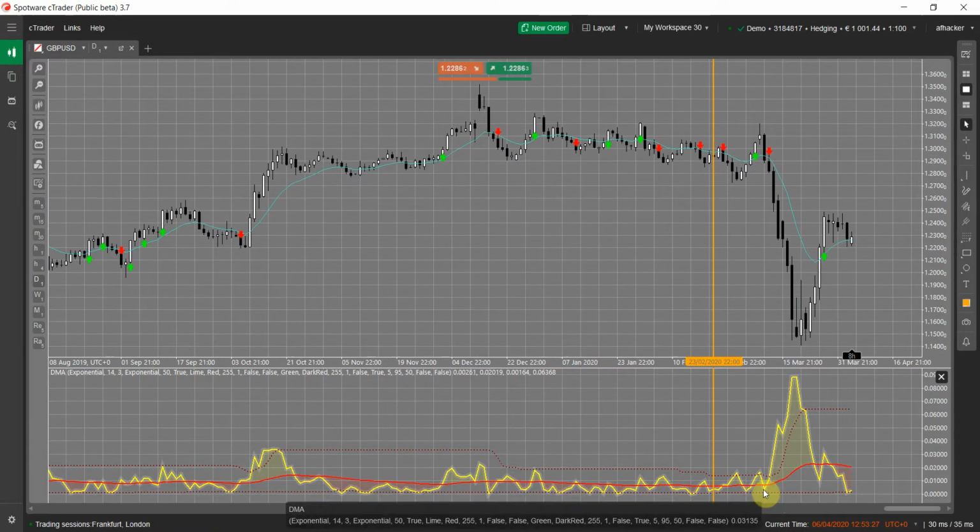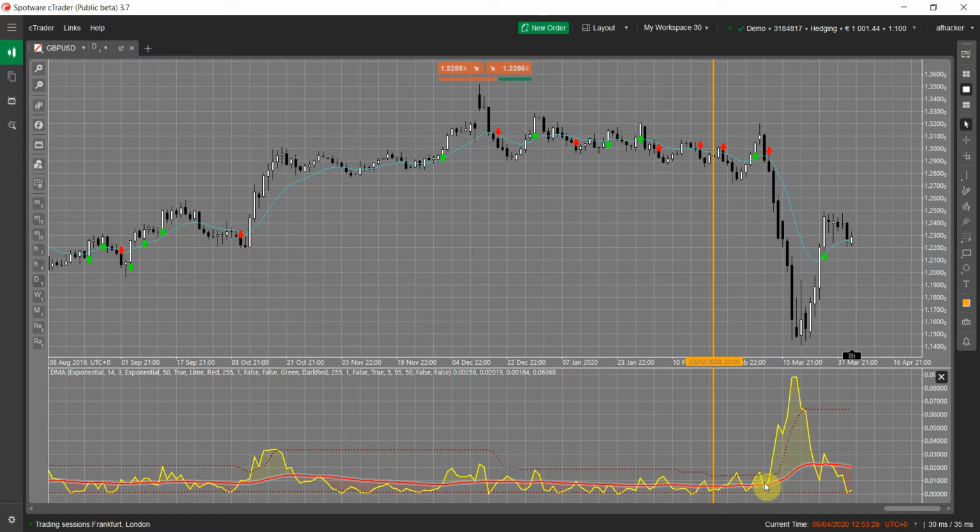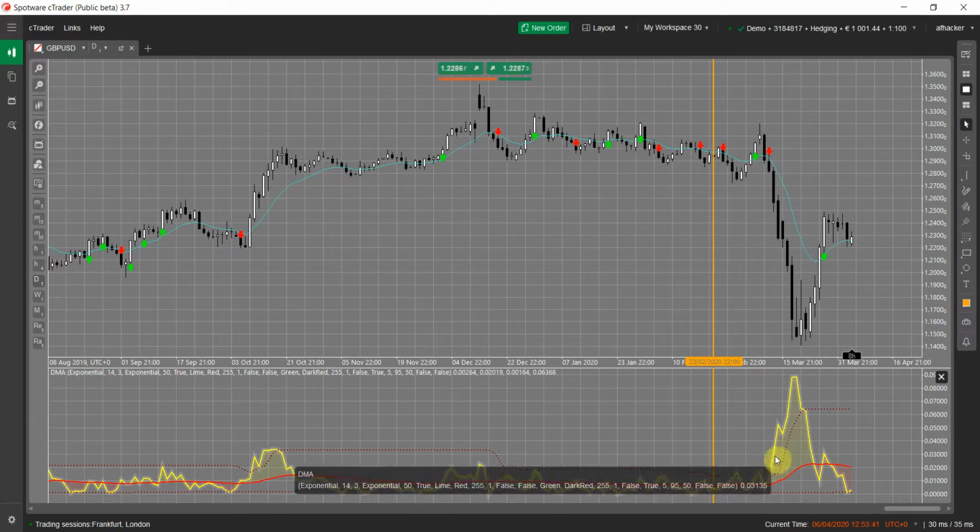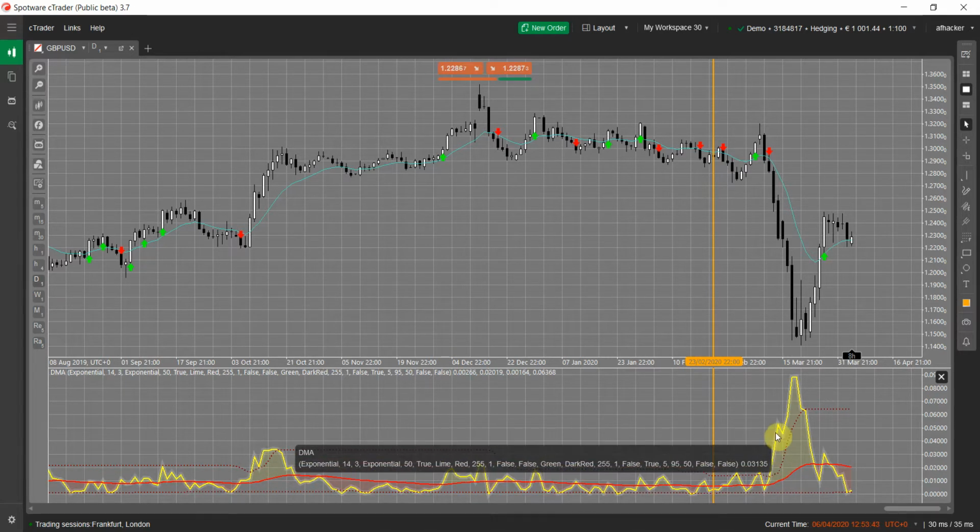Whenever the yellow line, or the distance from moving average, goes above the percentile lines, I close my trend positions. If I enter a buy trade in an uptrend and this yellow line goes above the percentile line, I consider that okay, that's it. I will close my position as price is already too far from the mean and the chance of reversing back to the mean is very high.